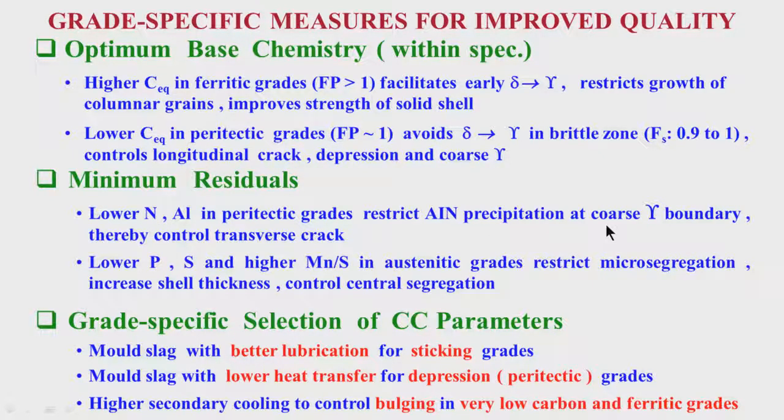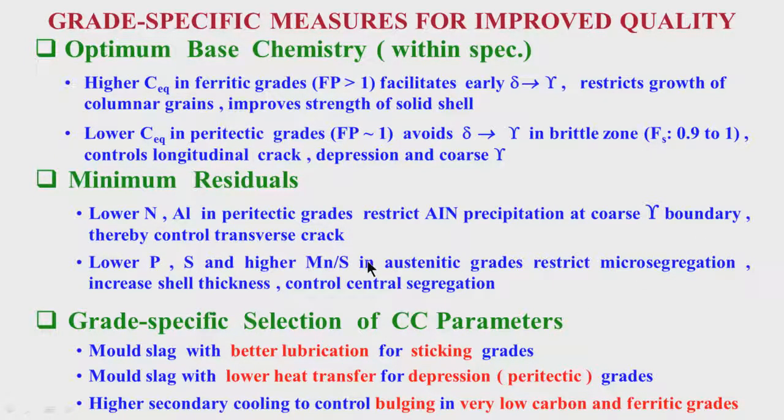Because of the surface roughness, heat transfer is slightly lower, and because of that you have coarse austenite grains, and the grain boundary areas are relatively less. Aluminum nitride will precipitate in all grades, but if the austenite grains are coarse, then the density of aluminum nitride precipitation at the grain boundaries is relatively more, because grain boundaries are less. So, that is why this is a problem for peritectic grades where the grains are relatively coarse. So, we have to be careful about this.